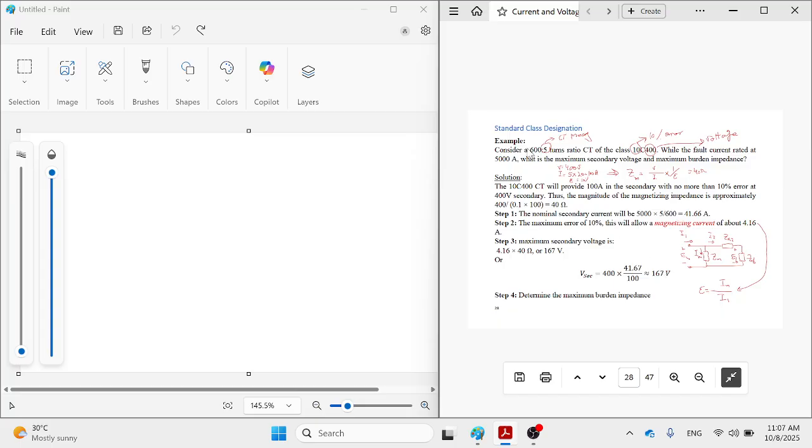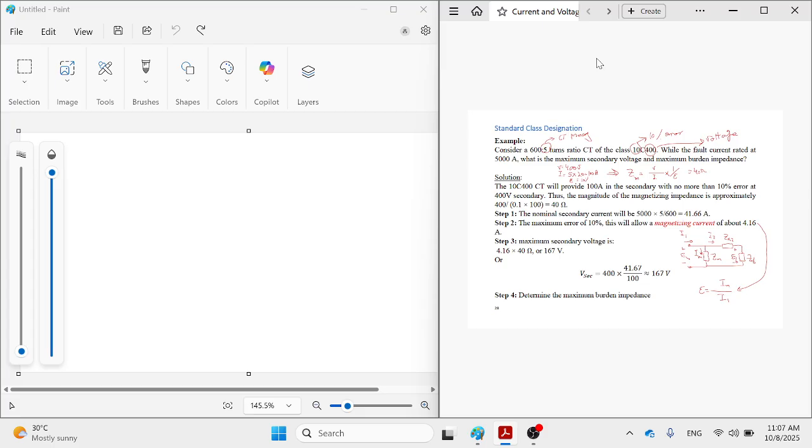This is one example we can follow for this type of standard. It says consider the CT is 600 to 5. So we know the 5 is the secondary of the CT. In the power transformer, we usually talk about N1, N2 over V1, V2.